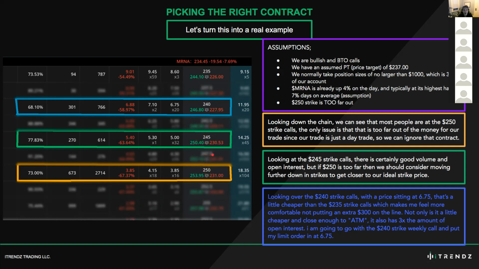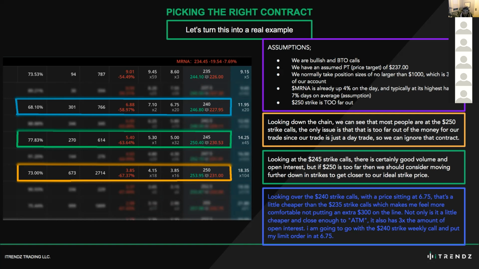The reason why I blocked out these in-betweens is because they're not whole numbers. And generally speaking, as a rule of thumb, the 242 and a half, the 0.5 strikes, are going to have a lot less volume than the whole numbers like 240, 245, 250, 255.